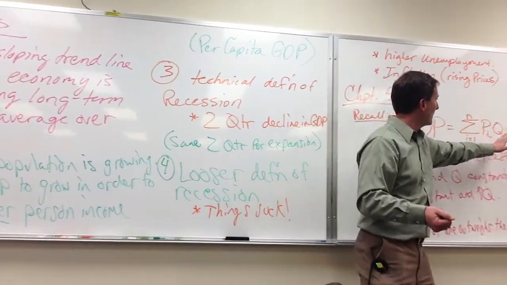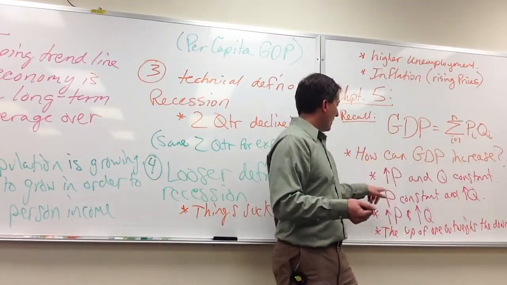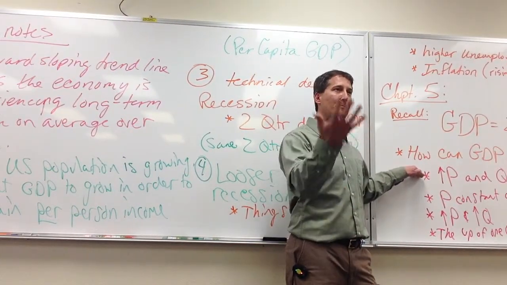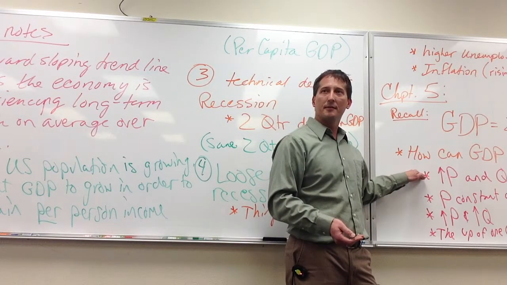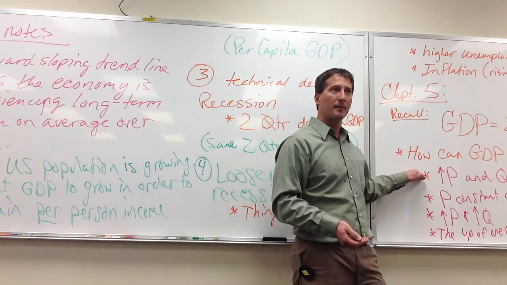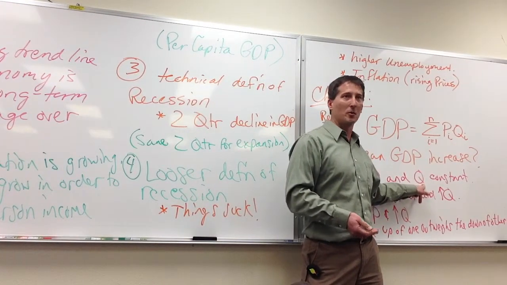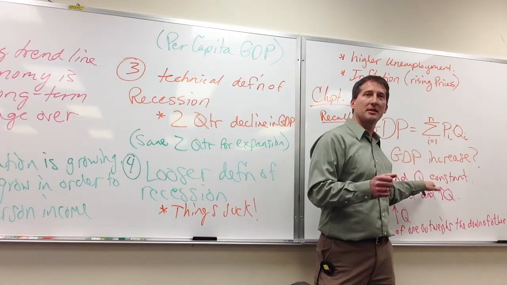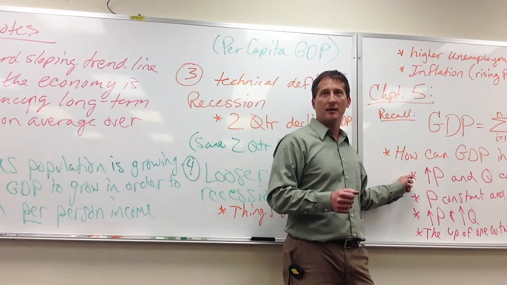So this is important as we start to look here, because are we happier as a society? Is society better off under this first bullet point? No. There's no more people being fed. There's no more diapers for babies. There's no more anything. We've got the quantity of stuff being constant. We just have higher prices.